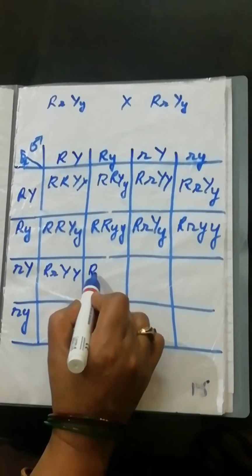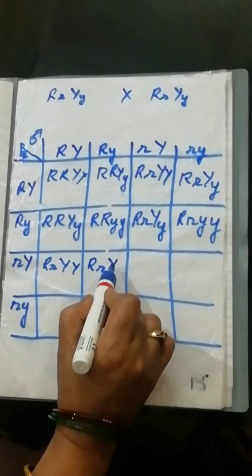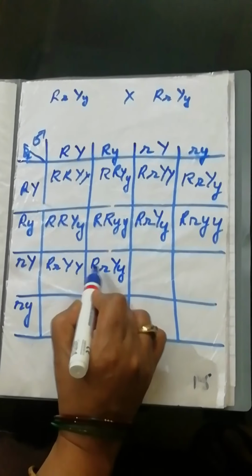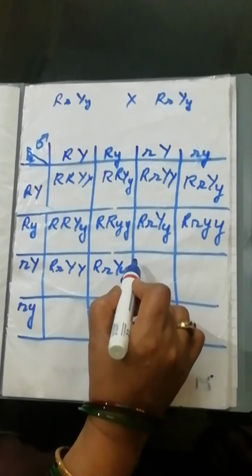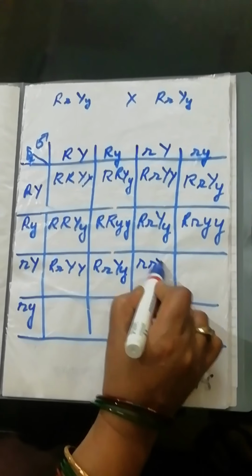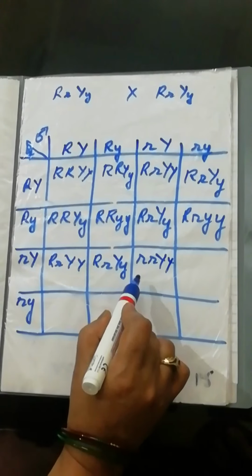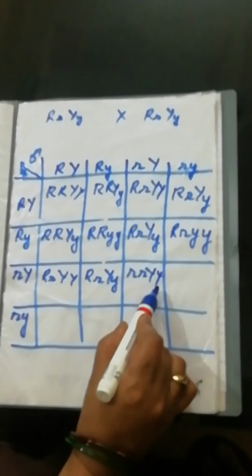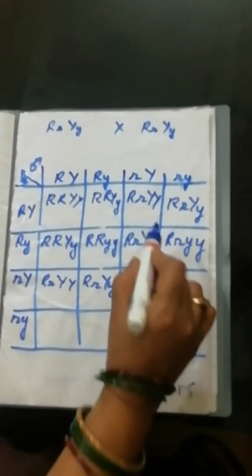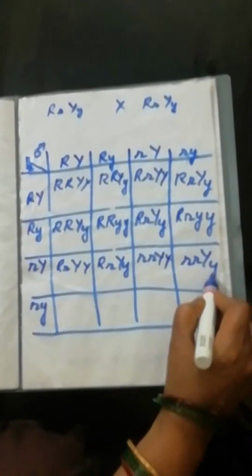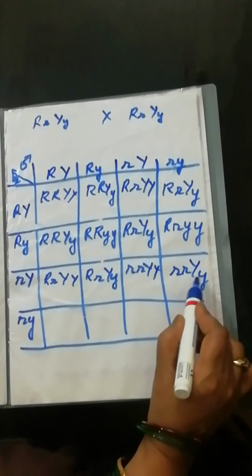And this combined with this, capital R, small r, capital Y and small y. Again it is round and yellow. When these two combine, small r, small r, so it is not round, it is wrinkled and yellow. Now when these two combine, small r, capital Y, small y, it is wrinkled and yellow.